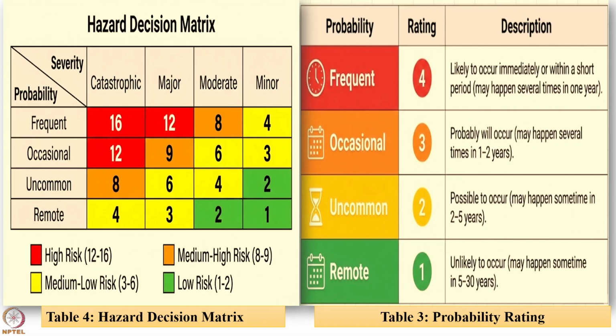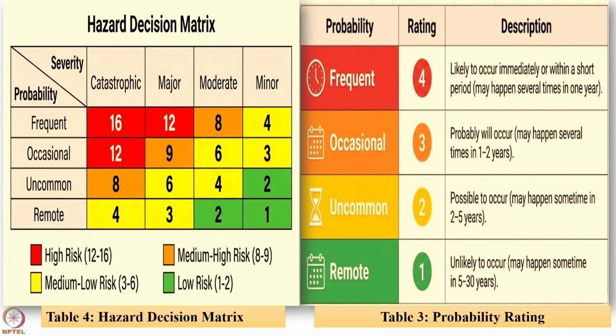Now you can see in Table 4 and Table 3 that there is a probability rating being given. We give remote, unlikely to occur; uncommon, a possibility to occur; occasional, possibly will occur, may happen 1 or 2 times in a year; or frequent, likely to occur immediately or within a short period, may happen several times in a year.